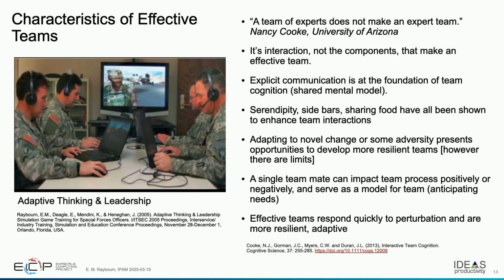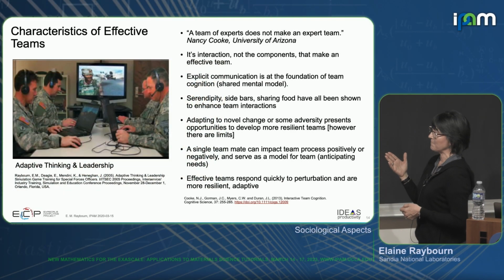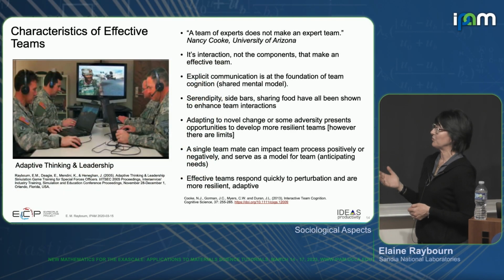And so another really important part of an effective team is the team's ability to actually adapt to either some novel change. It can be adversity, or it can be in the laboratory some type of a perturbation. And so this has actually been done in some research to actually make teams more resilient.